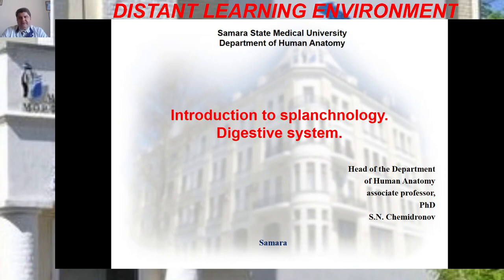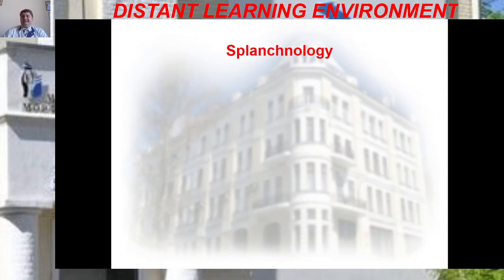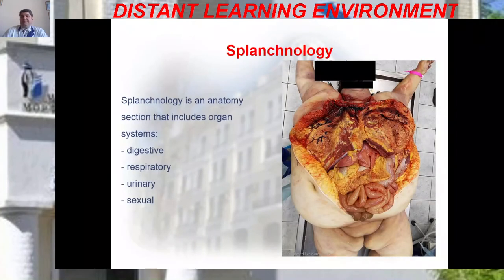And today we will talk about splanchnology, about internal organs, and in detail we will talk about the digestive system. So, splanchnology is the anatomy section that includes organ systems: digestive system, respiratory system, urinary system, and sexual system.